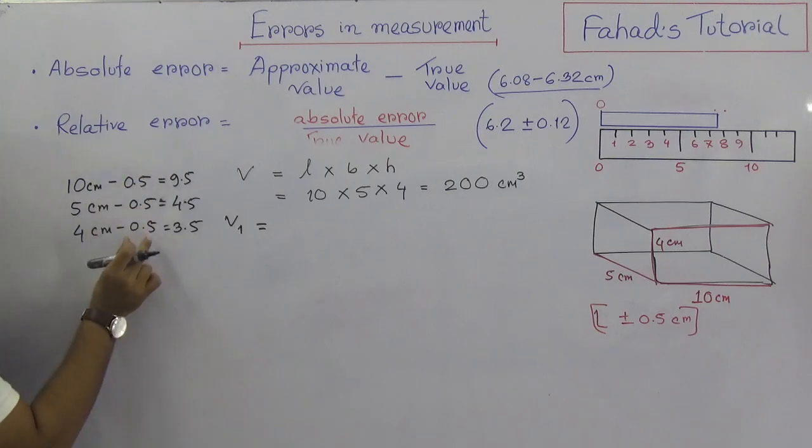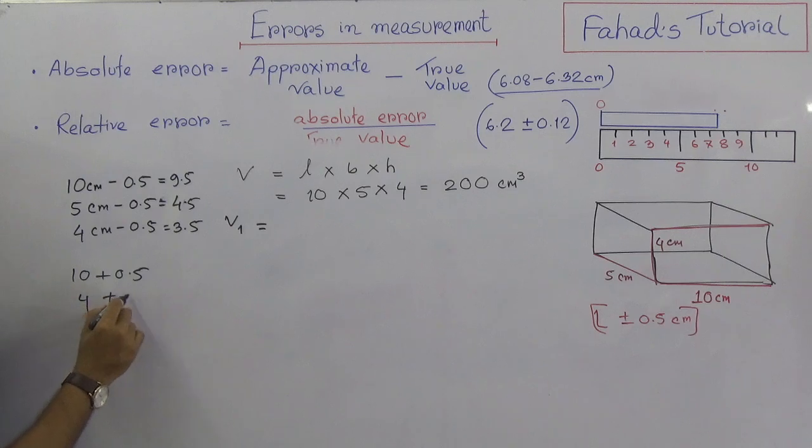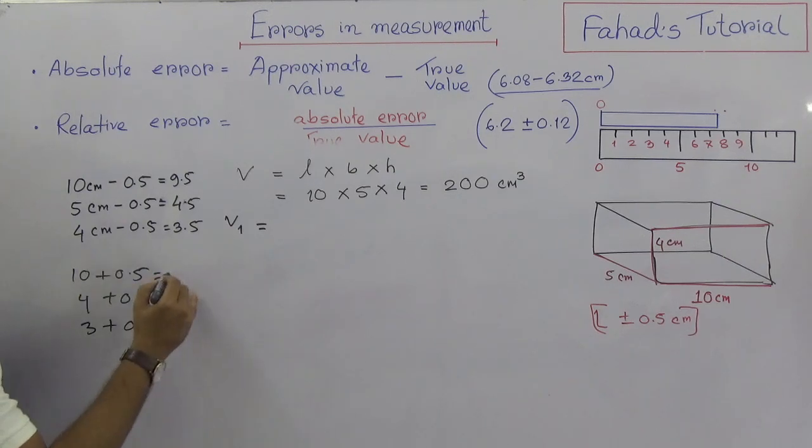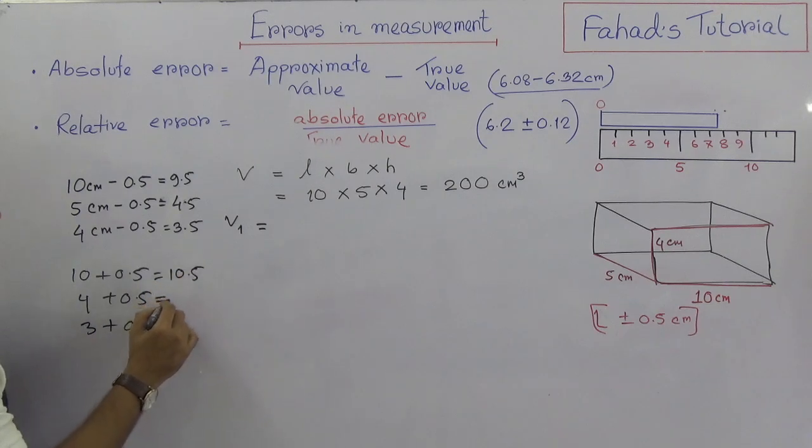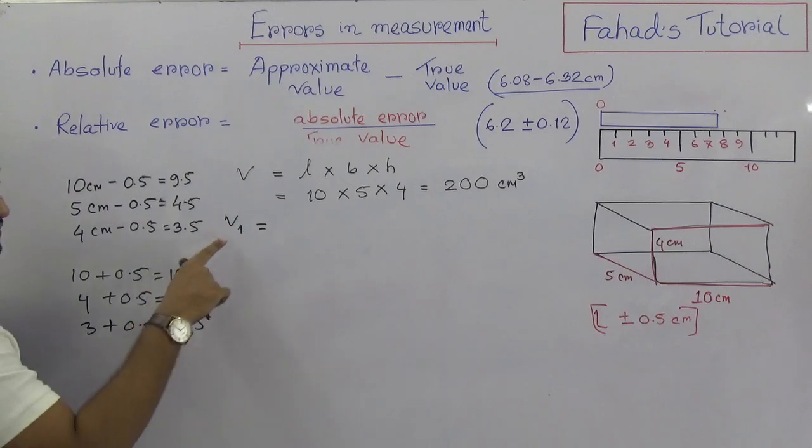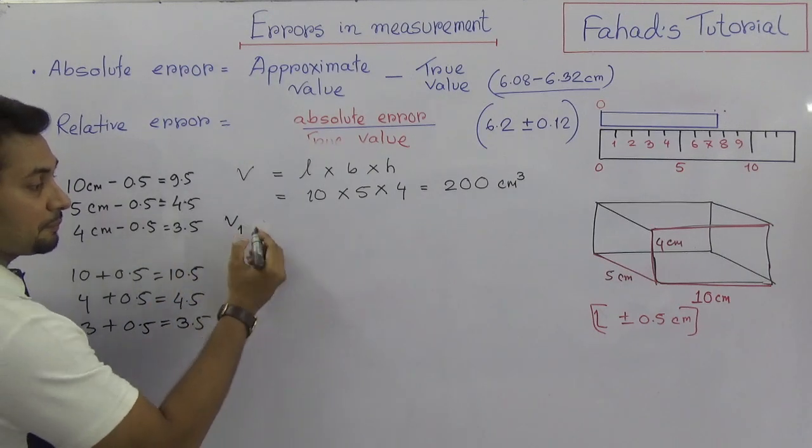So this is the minimum value. And if I add all these, then we'll find the maximum. So what can be the maximum? 10.5, 5.5, 4.5.